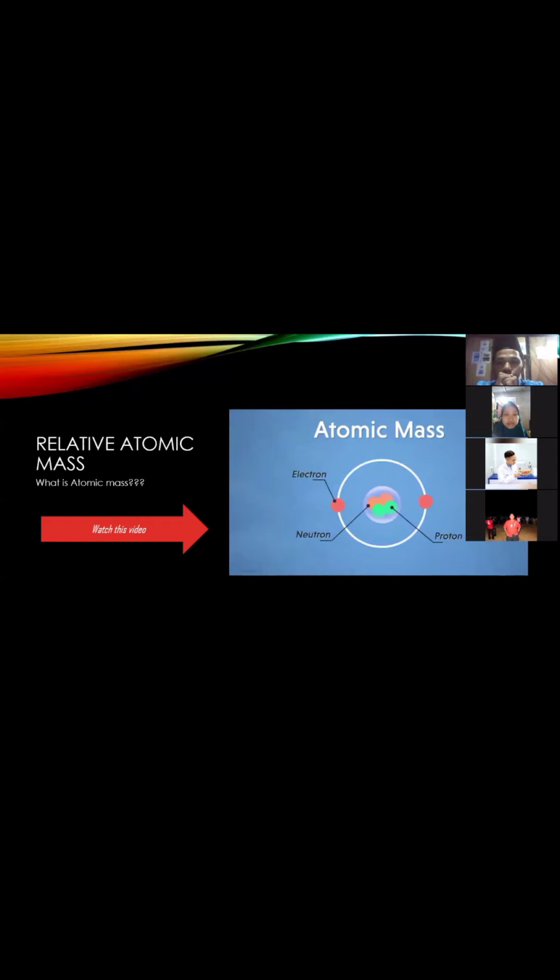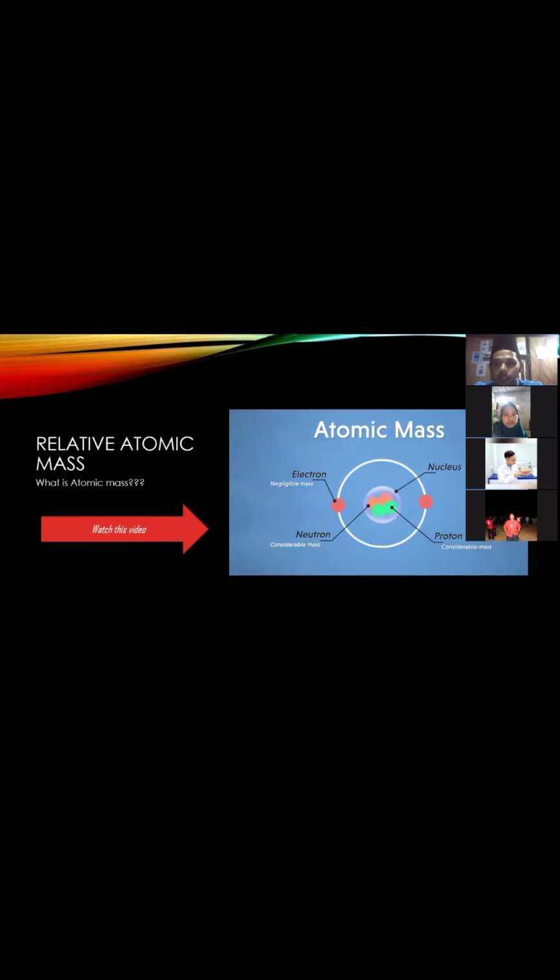But among all the subatomic particles, electrons have negligible mass. They are considered almost weightless. So what are we left with? Yes, we have both protons and neutrons in the nucleus, and these two do have some amount of mass.